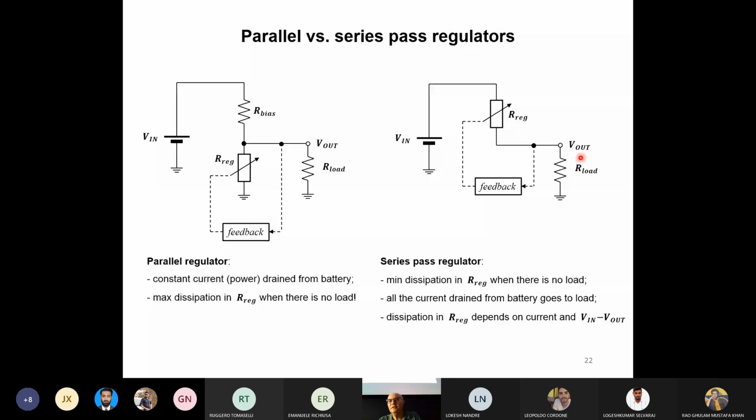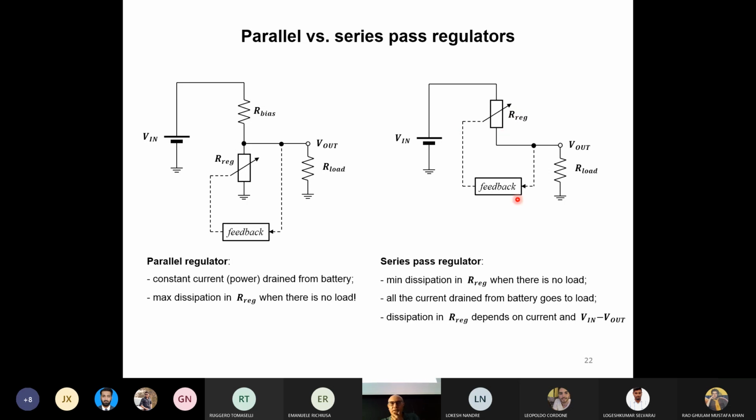Because the difference between V out and V in must drop all on this element here. And this is a transistor, basically. So we must take care that the power dissipated in the transistor under a given situation is not too much. Otherwise, we can destroy the element.